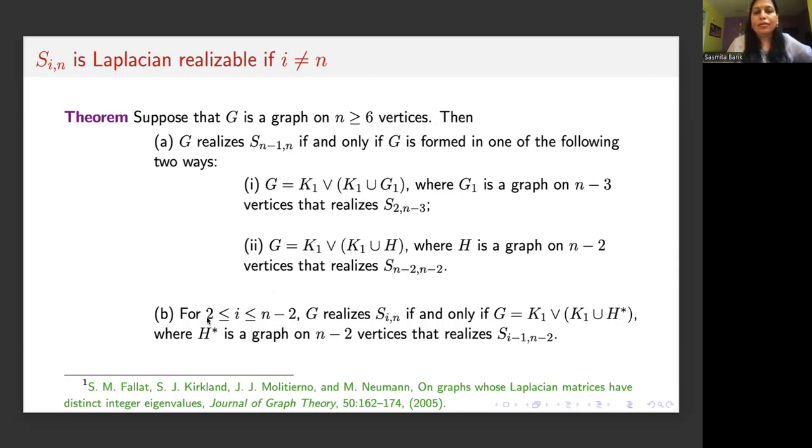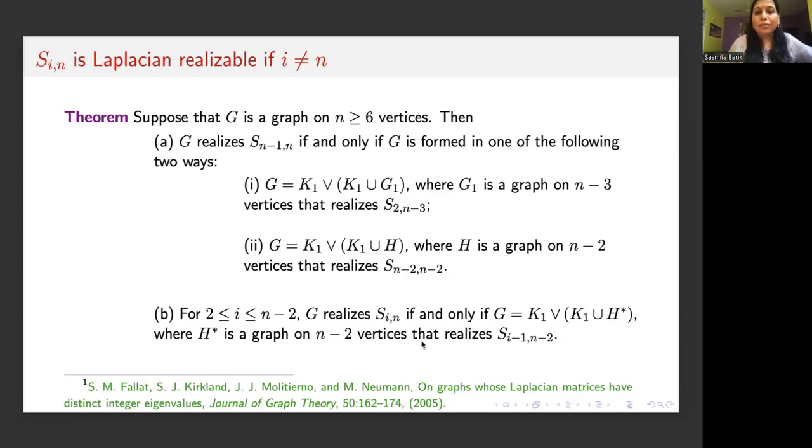So for the other numbers like 2 to n minus 2, if i is taking this number, then Sin will be Laplacian realizable if and only if you get the graph in this way, that G is K1 join K1 union H star, and H star is a graph on n minus 2 vertices which is realizing the spectrum S i minus 1 n minus 2. So you are constructing Sin, then you should have a graph of n minus 2 vertices where i minus 1 is missing.